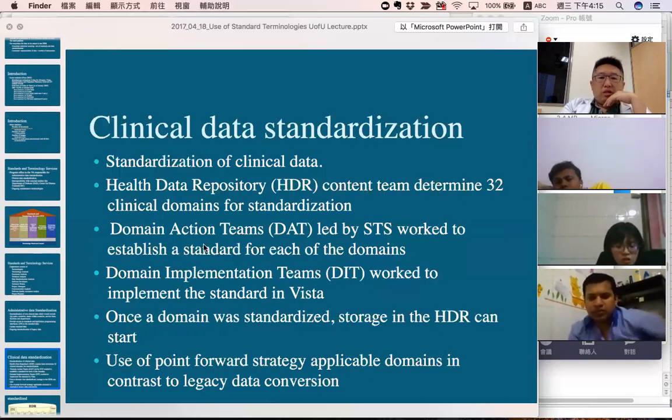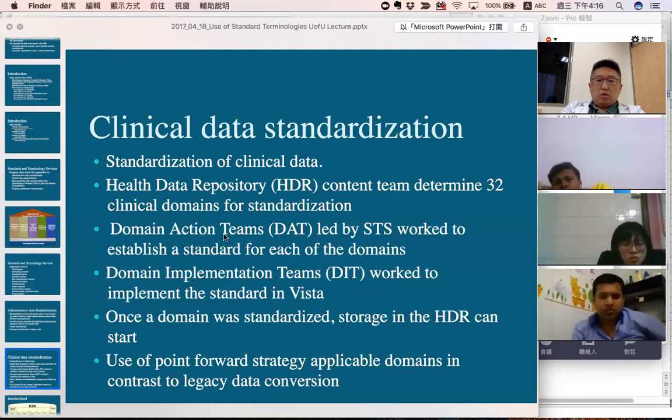There is another team called the Domain Action Team. Later we will introduce how they employ the domain action team to try to establish the domain. So I think sooner or later we will be reforming our health IT system, and this kind of domain action team can help us reevaluate the problem and how we create the system.